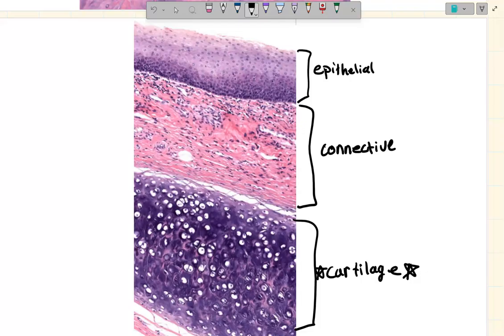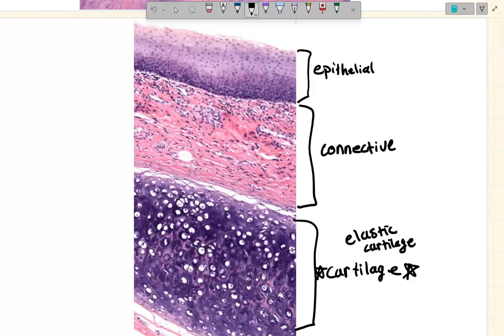So finally, the cartilage. The cartilage here, similarly to what this area is found in, being near the tongue and in this area that has to be very flexible. This is going to be our elastic cartilage. So this area is able to stretch more than different areas of cartilage. So it gives it a slightly more flexible structure.